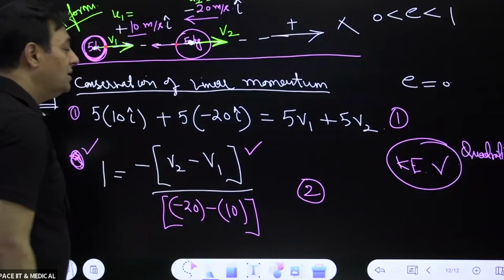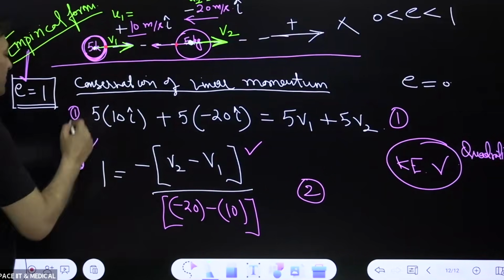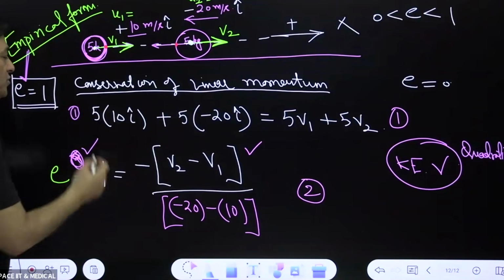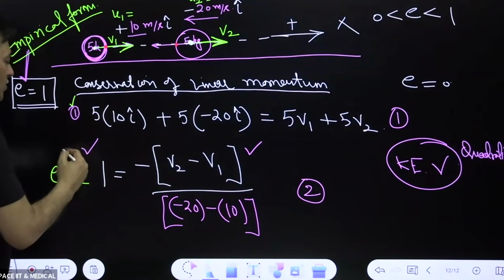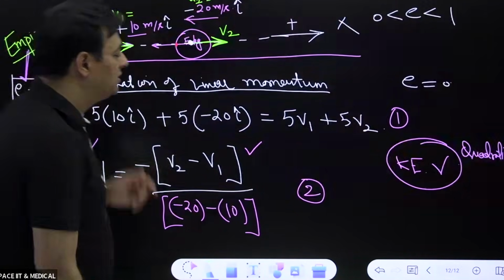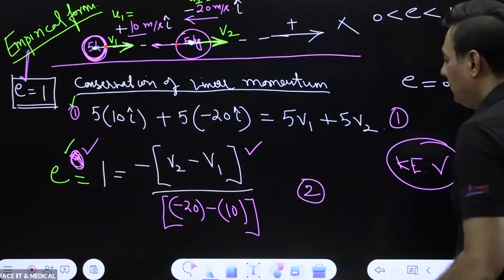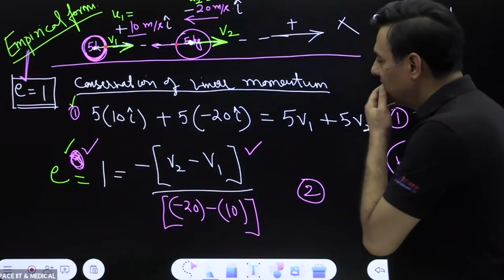Now, we will always prefer the E equation, the coefficient of restitution equation. Okay, we solved it. If suppose I give you a question, I'll give you a complicated question later.